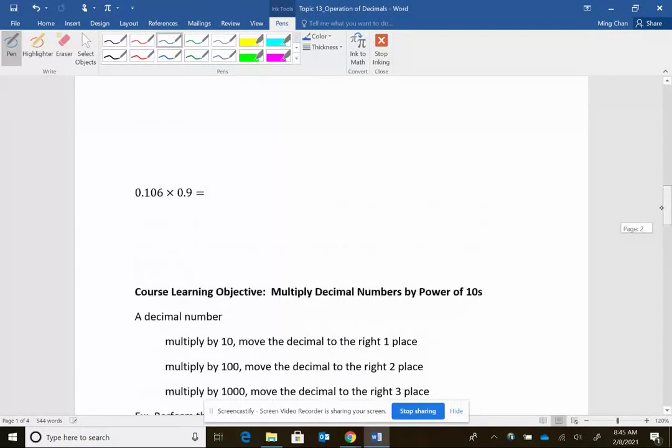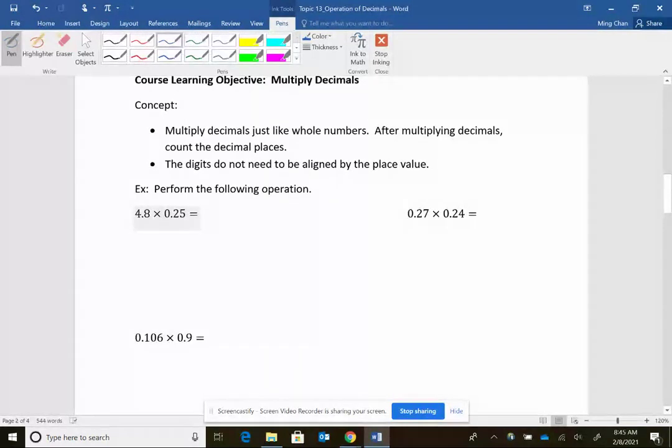I'm still going to write down the decimals, but as I'm multiplying, I'm treating them almost just like whole numbers. So 4.8 times 0.25. I don't have to line them up, because the lining up part is actually when I start counting the decimal places at the end.